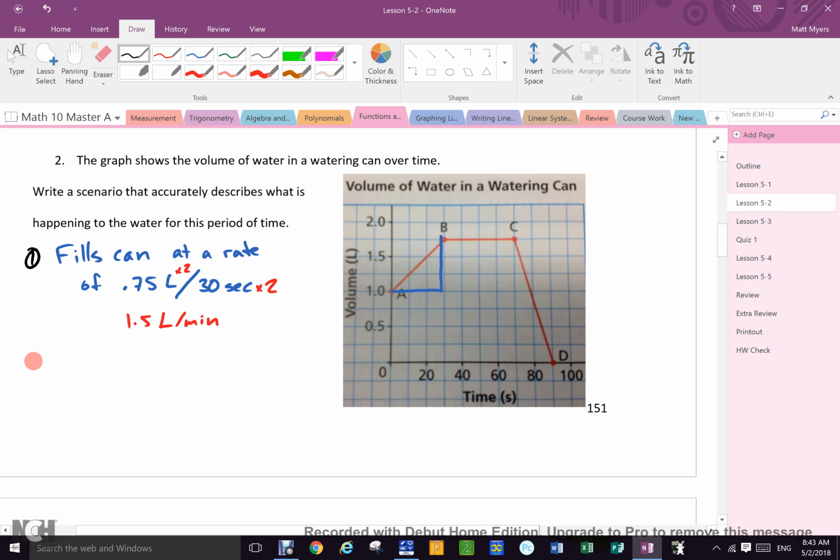What happens in stage 2? What is something that could be happening from B to C? Pardon me? She walks over to turn the water off, so the water is still running here. So at B, she turned off the water. Okay. Then what happens from B to C? She walks to the plants. If she's a nice person.